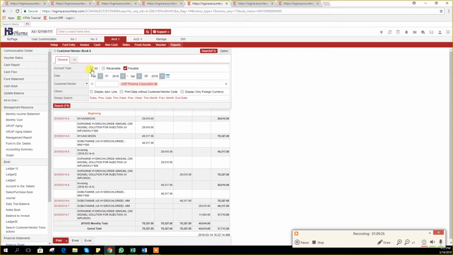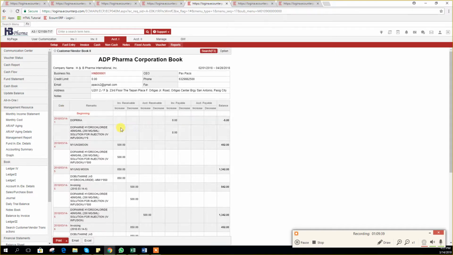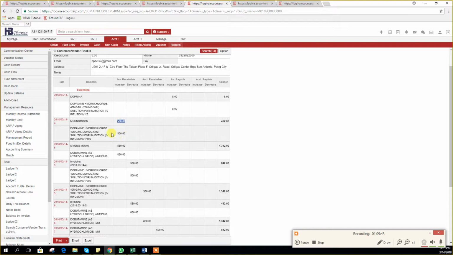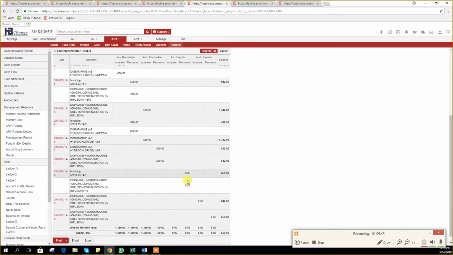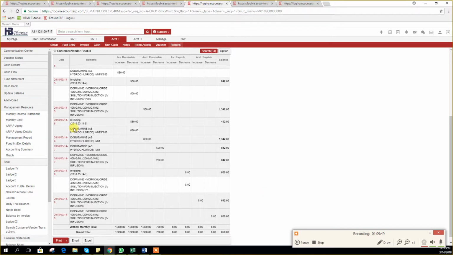You can also display only foreign currency, no problem. This is foreign currency, in your USD, for each of the items.